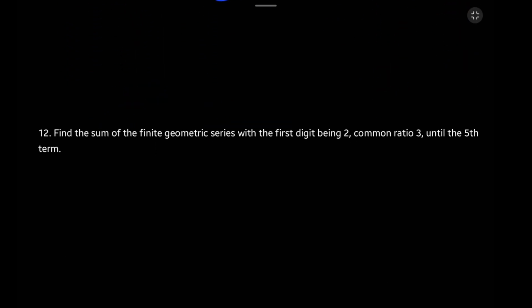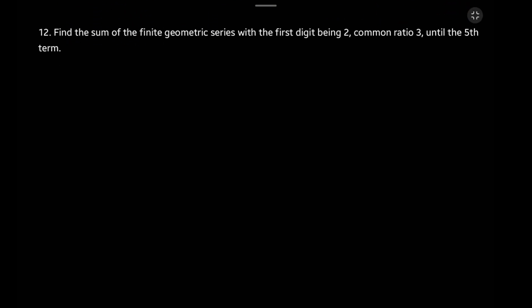Alright. So, what if it asks you to sum them up? There are actually 2 types of geometric series: finite geometric series and infinite geometric series. A finite geometric series is basically just adding terms from a sub 1 up to a sub 100.